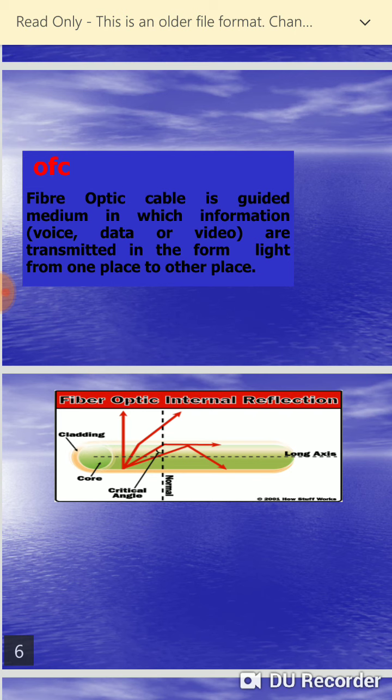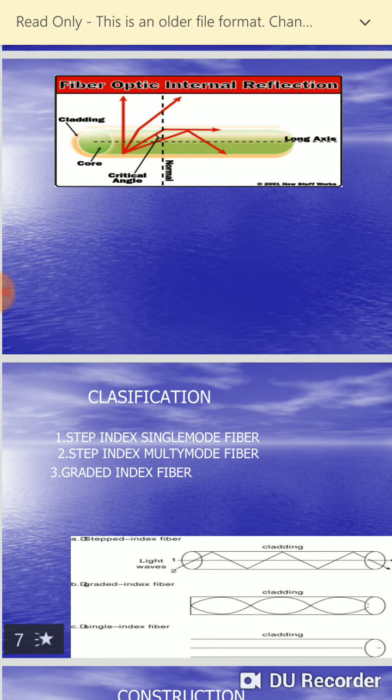In the optical fiber, the light transmits through the process called total internal reflection. A separate video has already been added on total internal reflection, in which total internal reflection and the other two topics, refraction and critical angle, are covered. So the light travels through total internal reflection, so that it does not enter into the cladding, but only travels through the core.